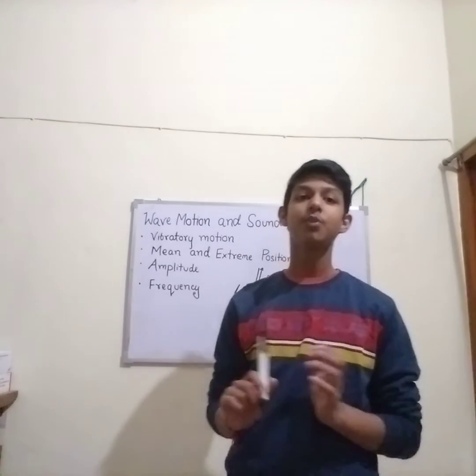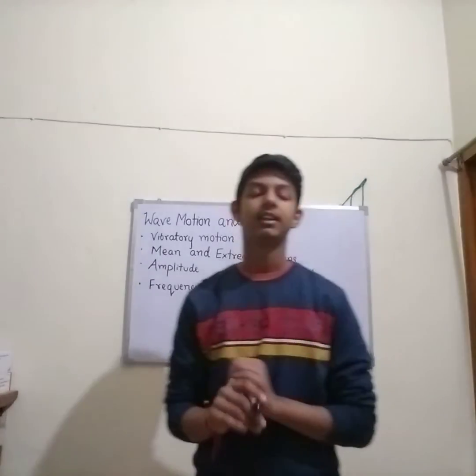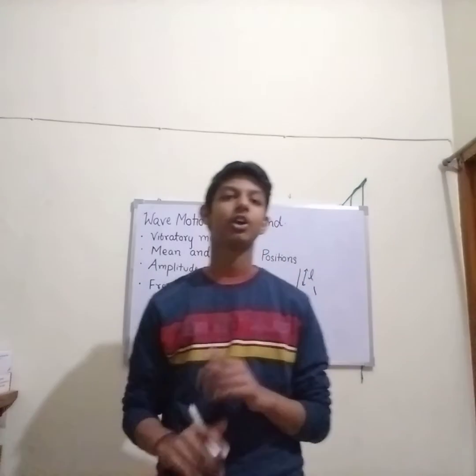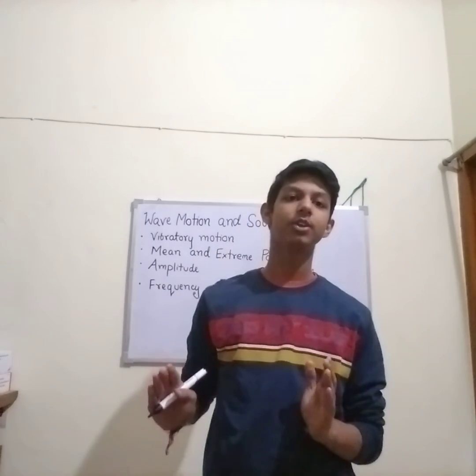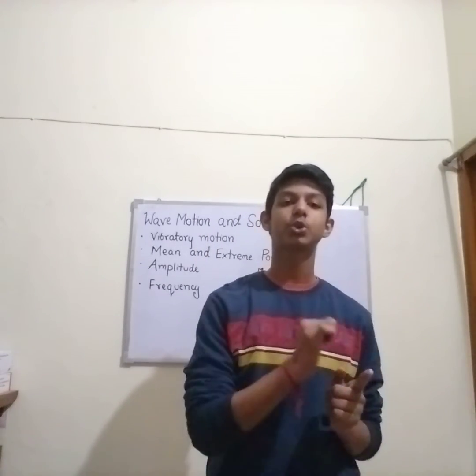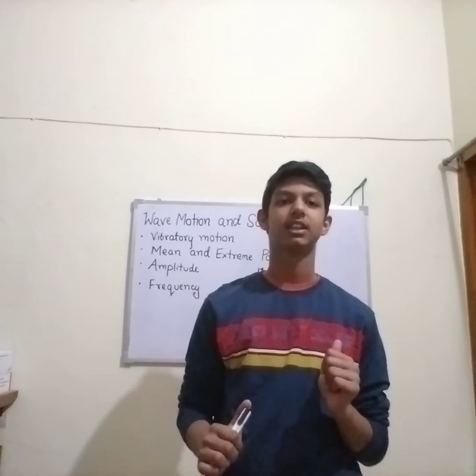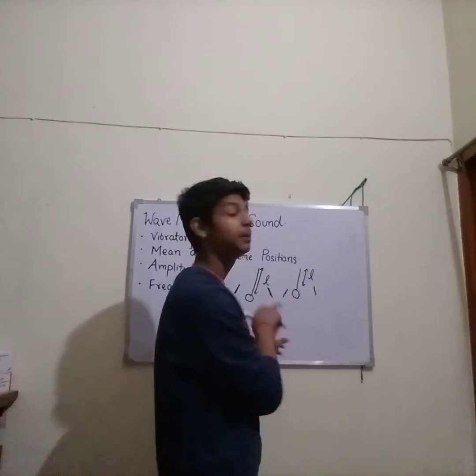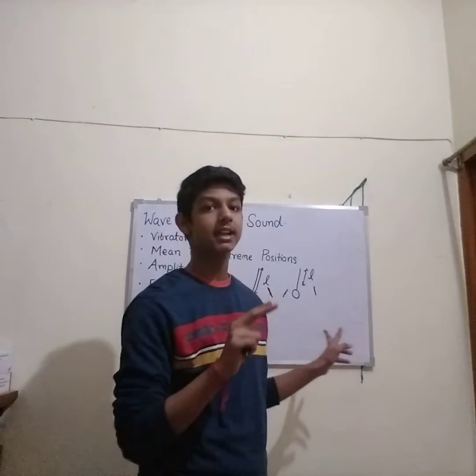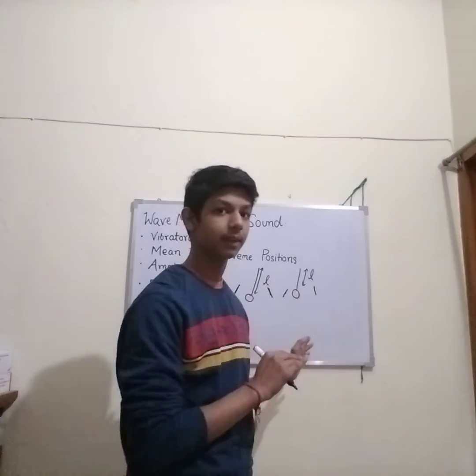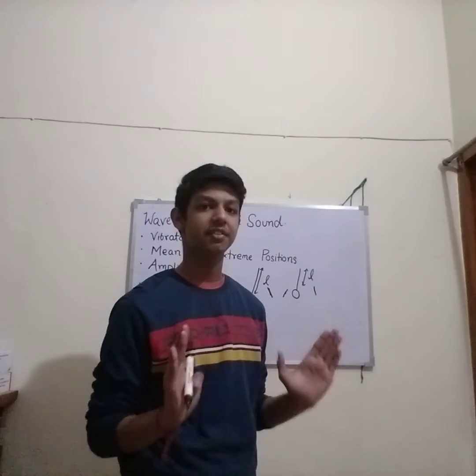We have discussed two laws, and the last, third law answers the question: what is the time period dependent on? The time period of a simple pendulum is directly proportional to the square root of its length, which means there will be two or more pendulums and their lengths will differ.